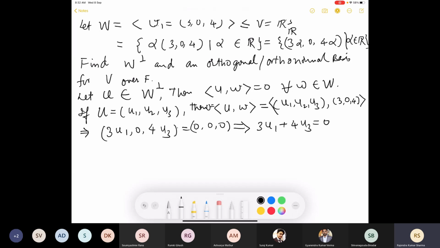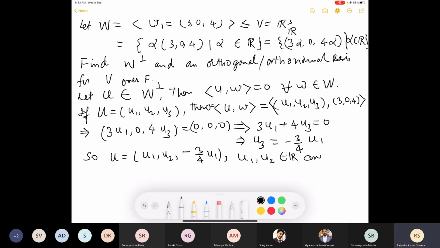So you can take U1 and U2 to be arbitrary, and U3 can be taken in terms of U1, namely U3 equals minus 3/4 U1. So U is (U1, U2, minus 3/4 U1), where U1, U2 in R are arbitrary.